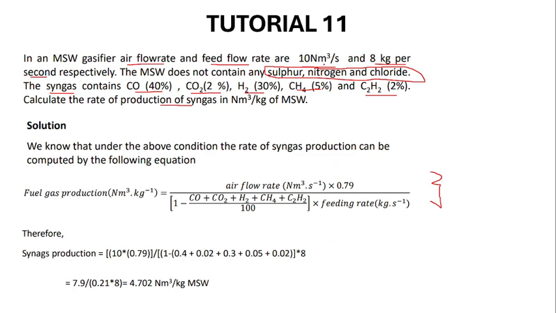Air flow rate is 10, so 10 into 0.79 is 7.9. We add everything and subtract it from 1, it is 0.21, and 0.21 into 8. If you solve this one, it is 4.702 Newton meter cube per kg of MSW. Okay, this is how we have to find the amount of fuel gas or syngas produced in the gasification process.